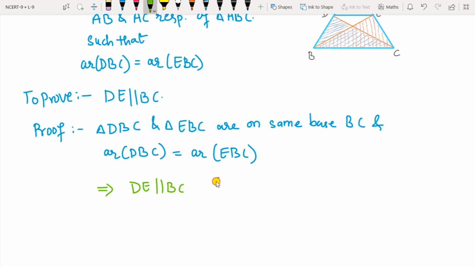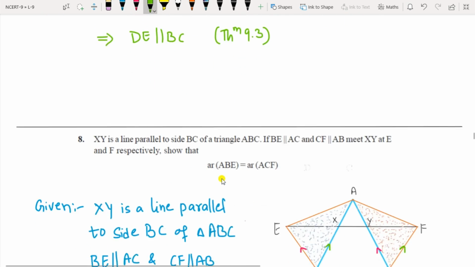This is from theorem 9.3. Okay, that is triangles on same base have equal areas and lie between the same parallel lines. This much is the answer, quite short one.